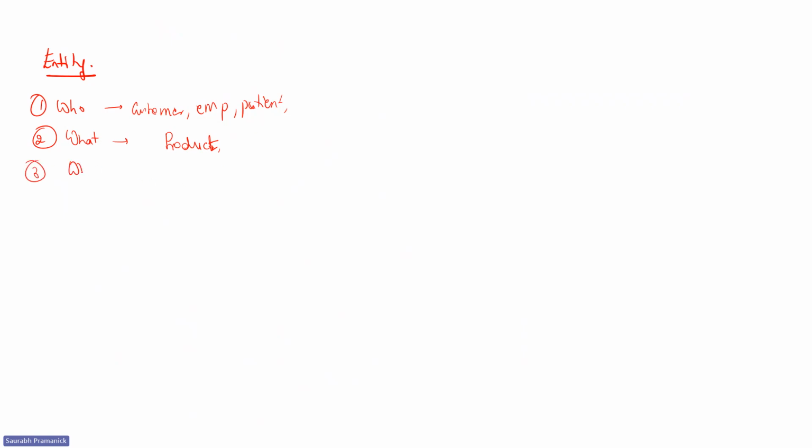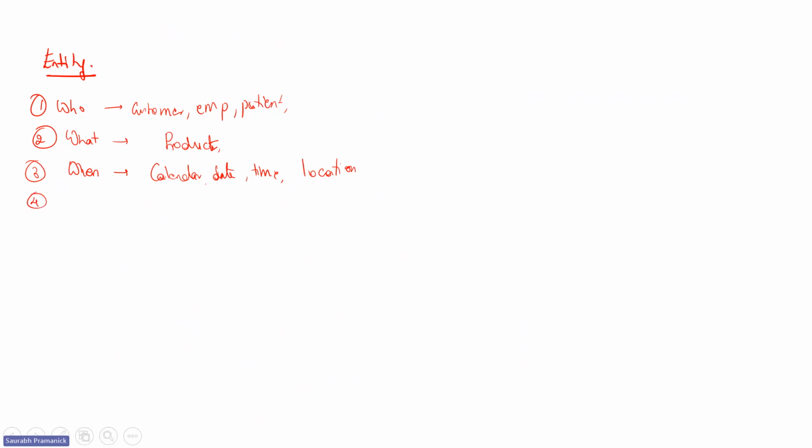Then you have the when type of entities, which give you entity information that is more about time, so that kind of thing. For example, you have calendar, date, time. We can also consider location under when, what place it has happened.